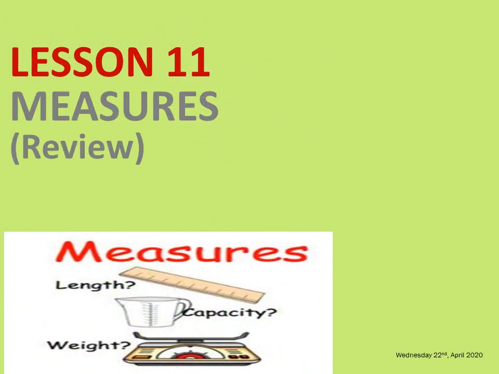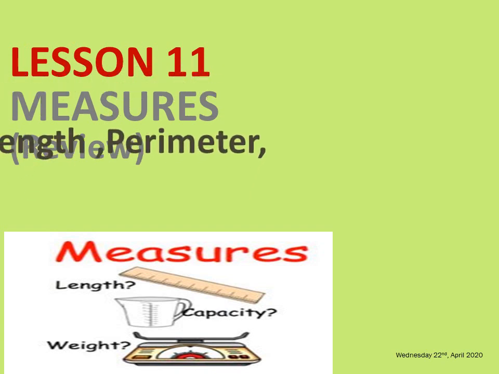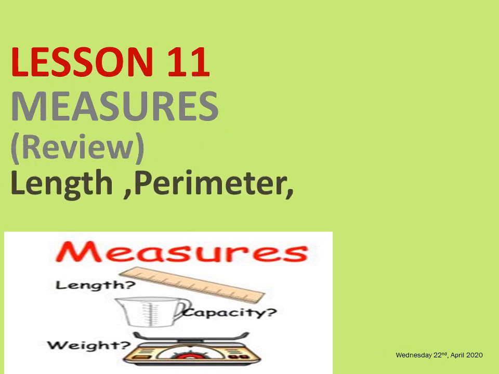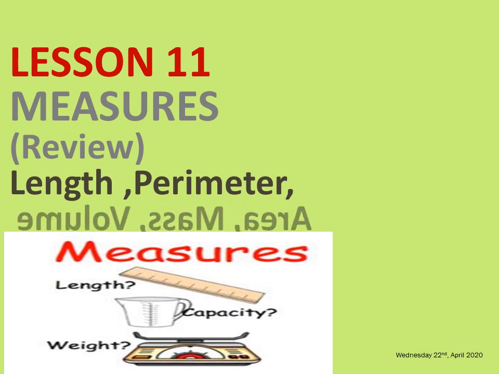Well, we looked at measures, remember? When we talked about length, capacity or volume, and we also talked about weight. What were the topics that we looked at in Unit 11? We studied length. And on length, remember we had perimeter, we had area.